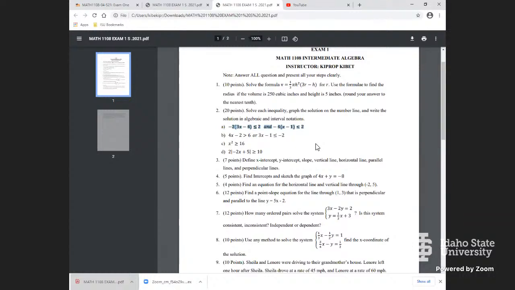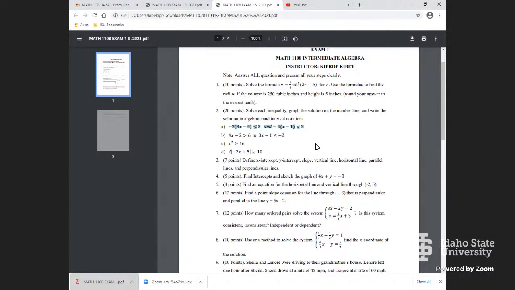So first of all, we said we will need to make this one to be on its own in one side. That means you divide everywhere first by what? By 2. So when you divide by 2, because this is absolute value, then it will be plus or minus.